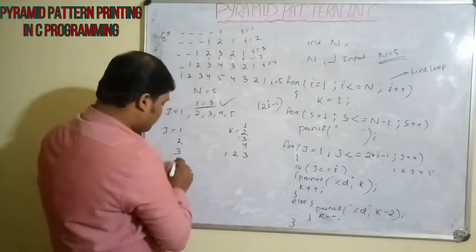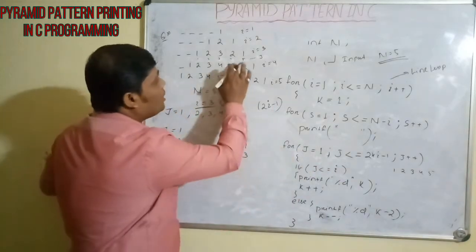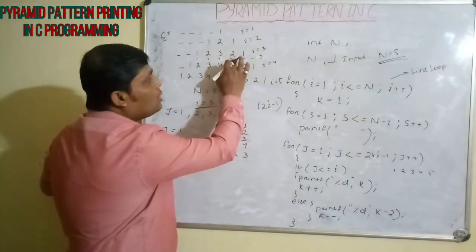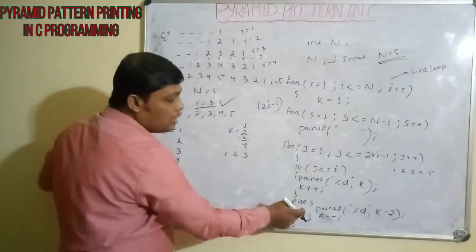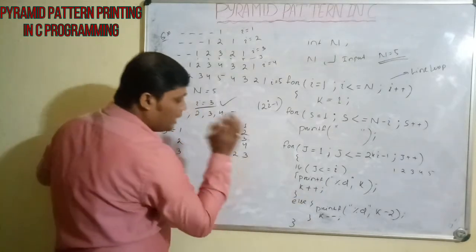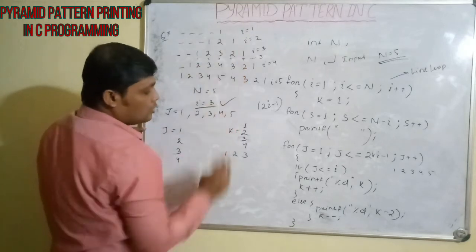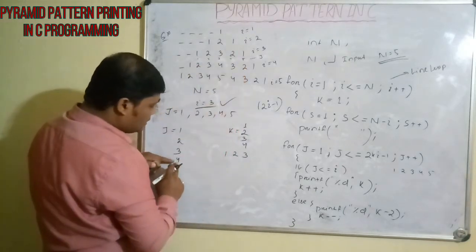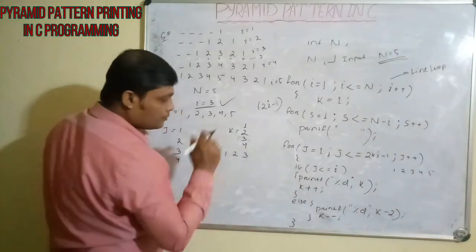Then j value will be 4. 4 less than equal to I. I is 3. No. It will go to the else part. Now in else part, what should it print? After 3 it should print 2. Now j value is 4 and k value is 4, and we are printing k values.